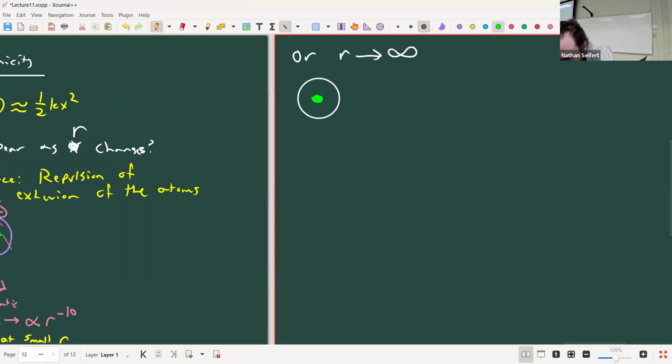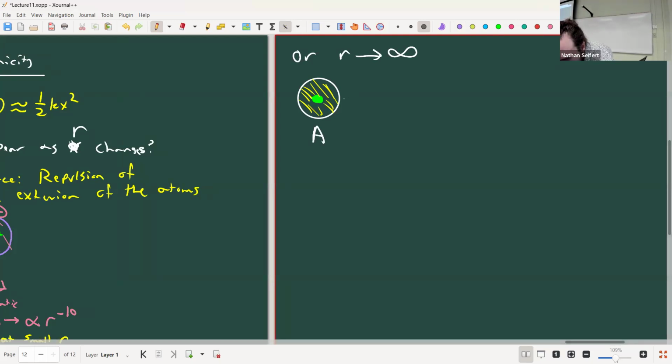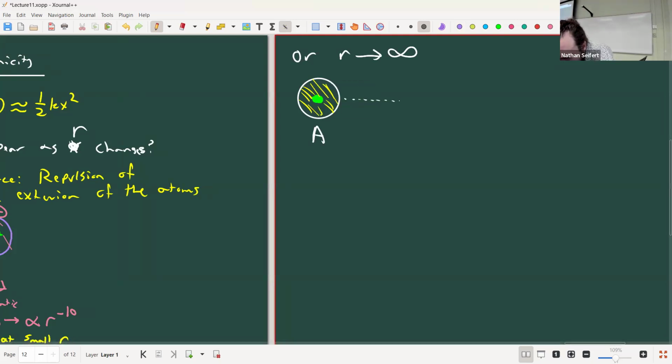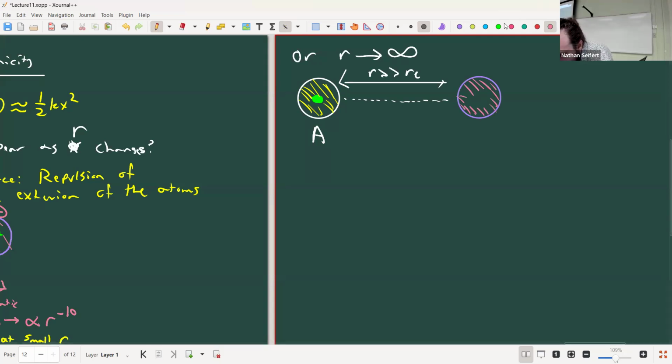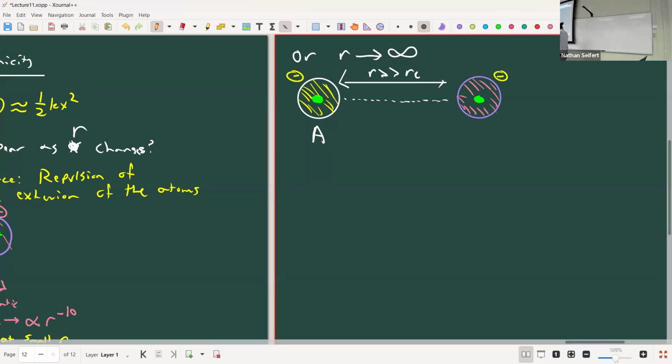I'll draw it the same way I drew it before, with R greater than R sub e. So now what we have are two balls of charge. From the exterior, these look largely like negative balls, but they're really, really far apart. They don't really repel each other anymore.